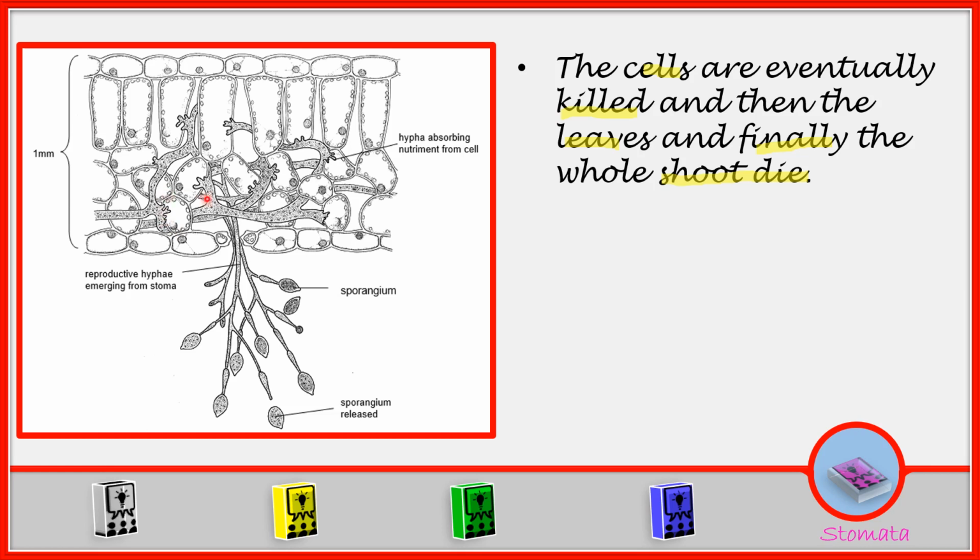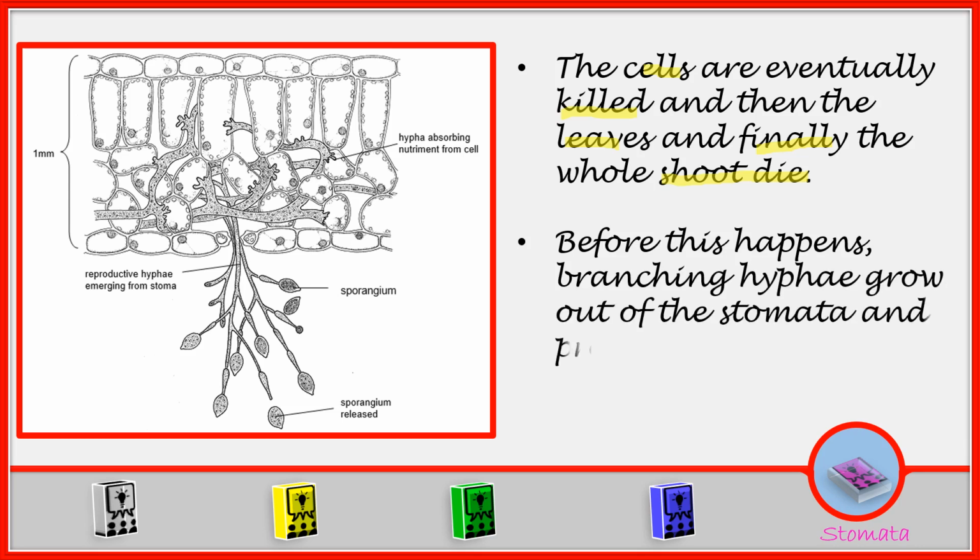And of course, when the cells are affected, the leaves are going to die. And this will again be followed by the shoot itself dying and drying out.